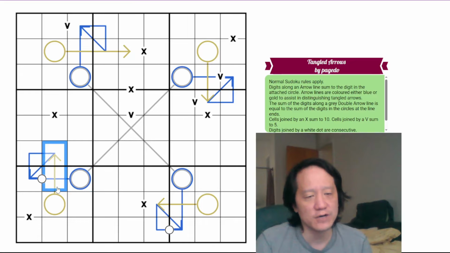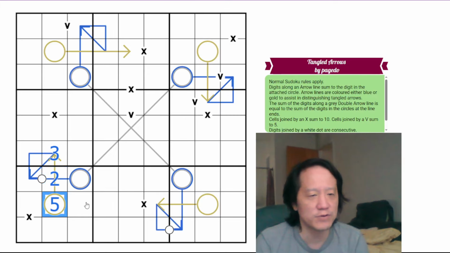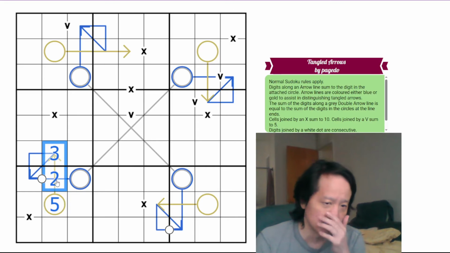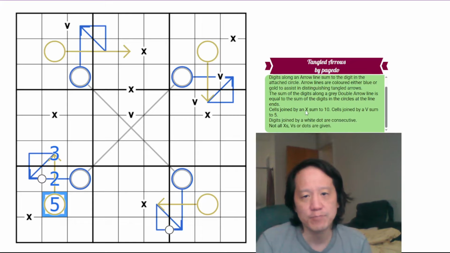Or you also have the gold arrow here. So say this was a 3 and a 2, then this would have to be 5 because these two digits add up to what this digit in the circle is.